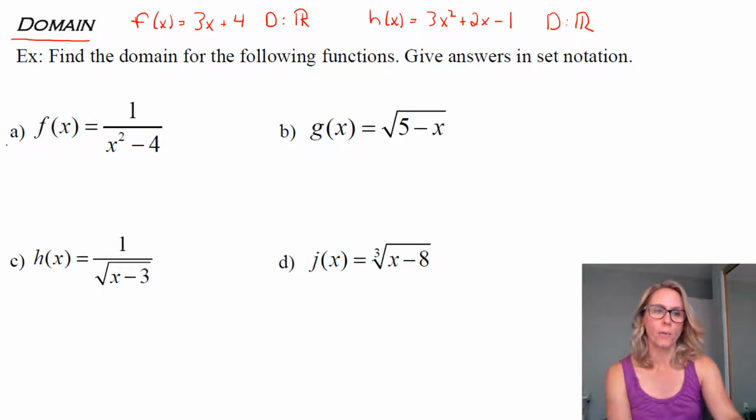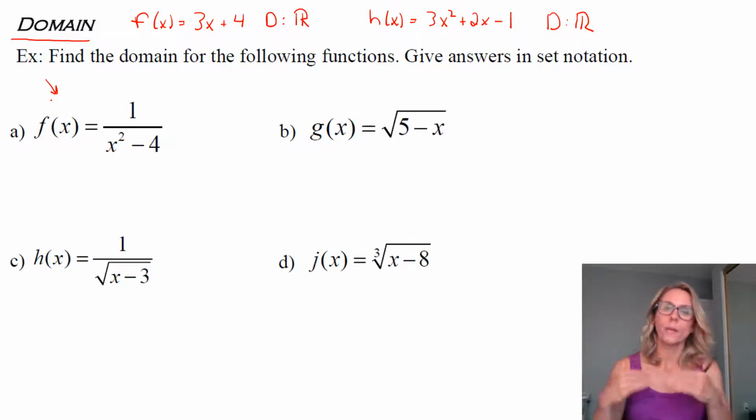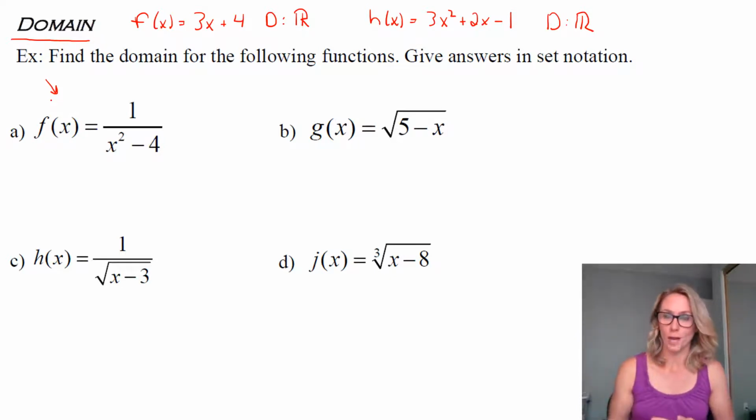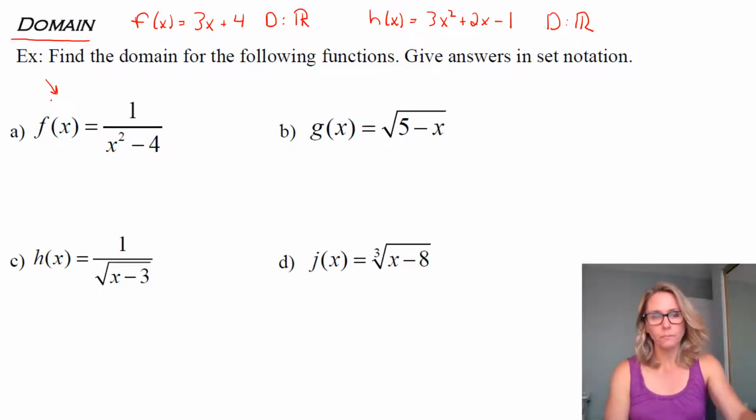So the first example that we have is f of x equals 1 over x squared minus 4. If you think about it, there's many values of x that you can plug in. You can square that number, you can subtract 4, and then you can do 1 over that number, and out's going to come a real number. Many values of x have this fact, that works.